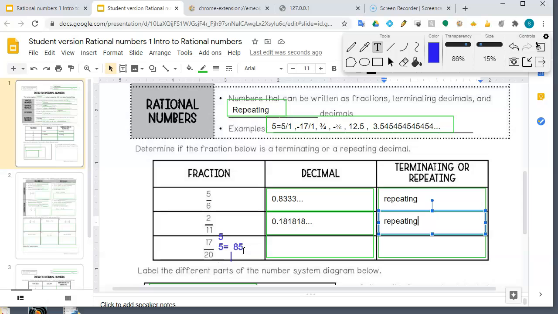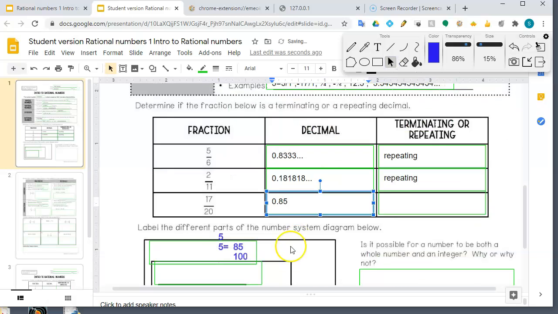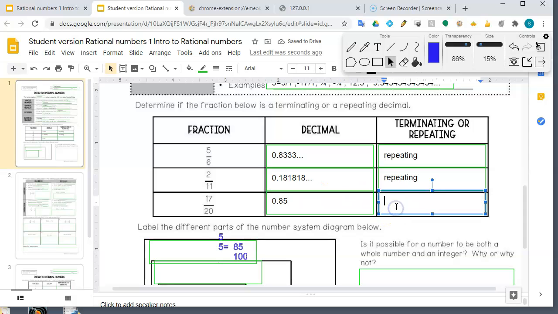Which I know my decimal places. So I can put that in as 0.85. Note that this one does not have that same repeating pattern. It just stopped because my remainder was 0, because it was in a power of 10. So this one is terminated.